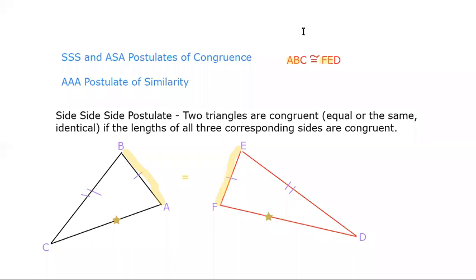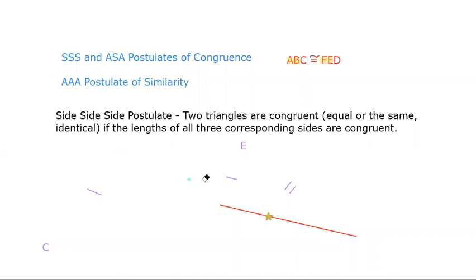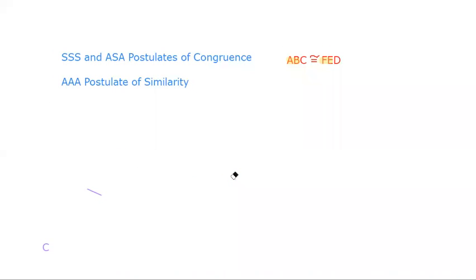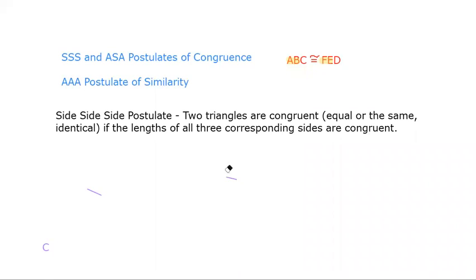Now, if we had two different triangles, whoops, I knew I was going to accidentally do that. So let's have a green triangle. And let's have a red triangle.